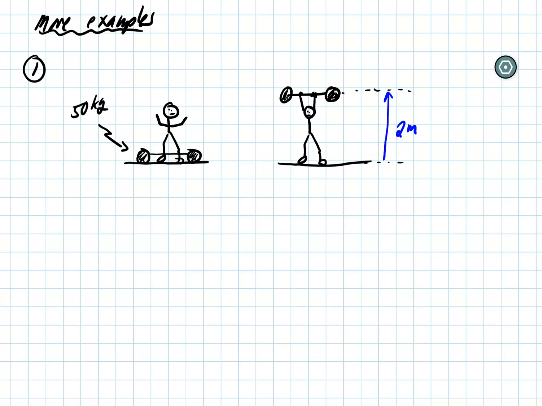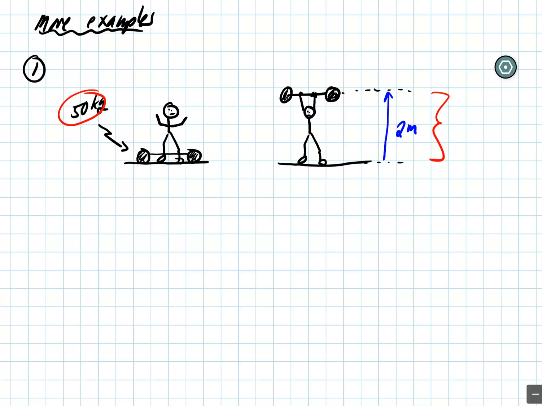A classic example in which you may be asked to calculate the work done is you've got something on the floor or some low level, and you're given the mass of that object, and you're told you're going to raise it, and you're told the distance through which you're going to raise that, and the idea is how much work did you do?